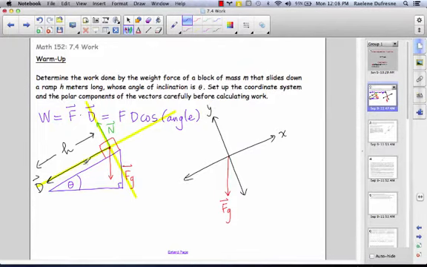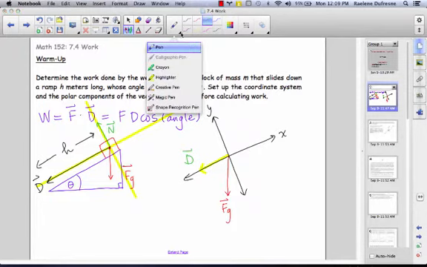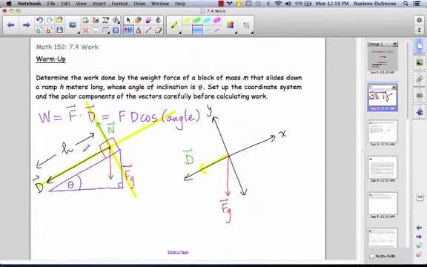I'm going to put my displacement vector in yellow, and the displacement vector is called d. And we want to know what the angle is between these two so that we can calculate the dot product. Well, by geometry we can see a similar triangle right here to the triangle of the actual ramp.